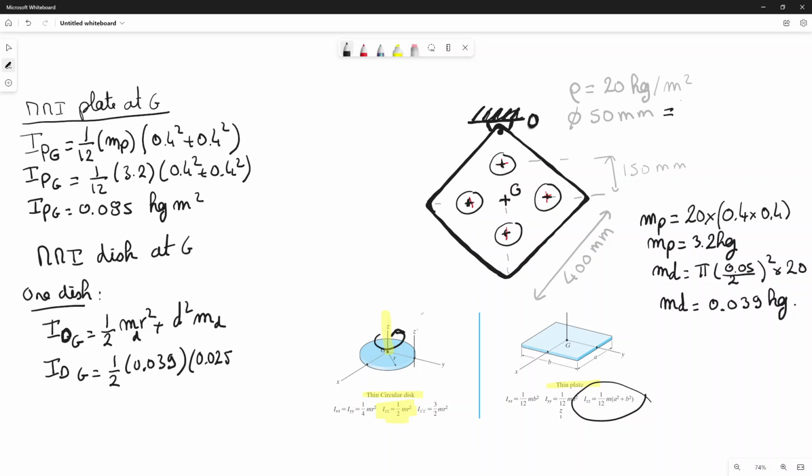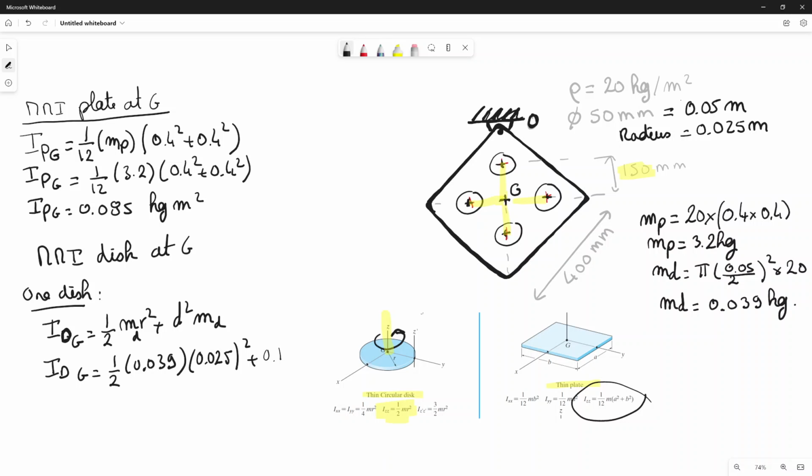The diameter is 50 millimeters, so it's 0.05 meter, so the radius is 0.025 meter. Squared, plus the distance. The distance is provided on the figure, that is 150 millimeters. The vertical or horizontal distance, they are always the same.